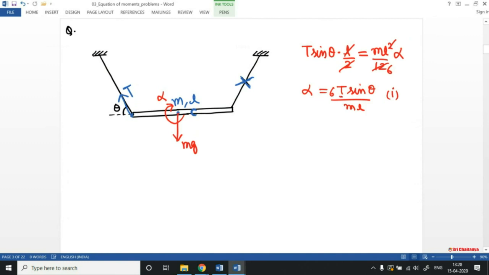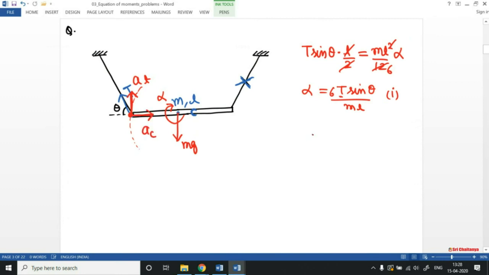We are still required to find out T. So how are we going to do that? When we look at this rod in the center of mass frame, it will be undergoing circular motion. This point over here will be undergoing circular motion. So it will have a tangential component of acceleration AT and a centripetal component of acceleration AC.